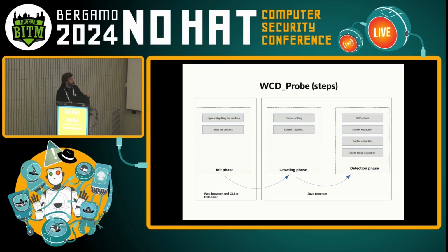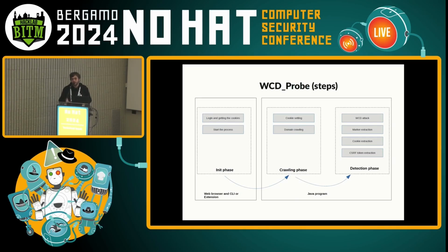This is how it works. So there is an initial phase where you log in. You start the process by running the tool from the extension or the command line. So if you think about web cache deception, there is a limited attack surface.